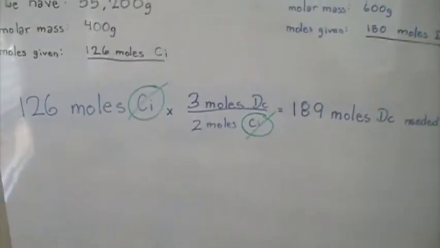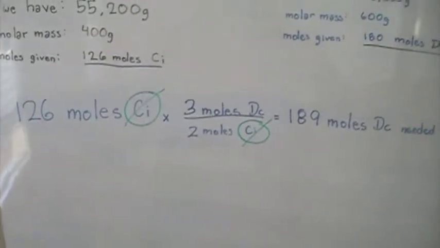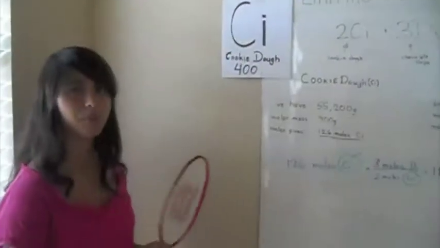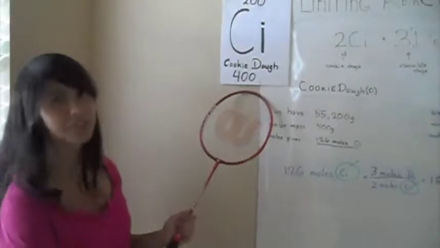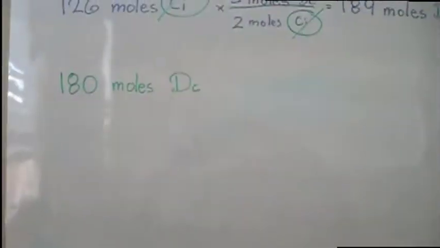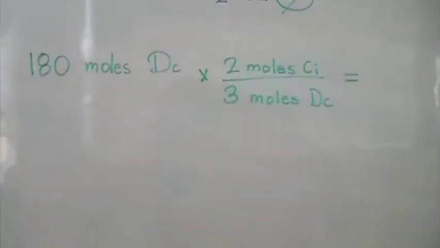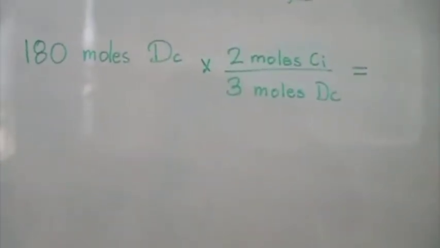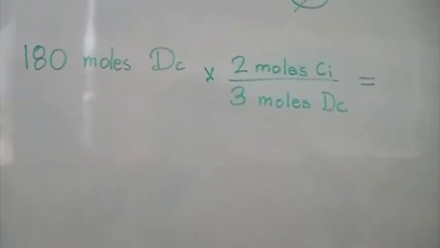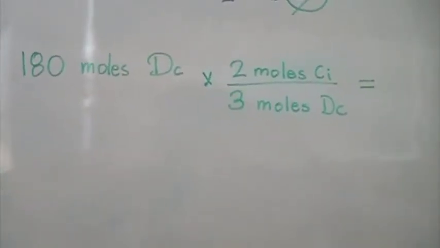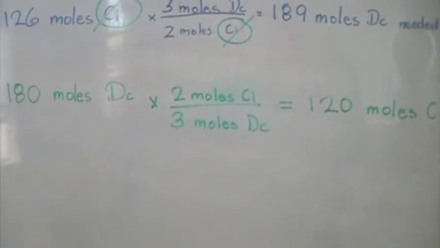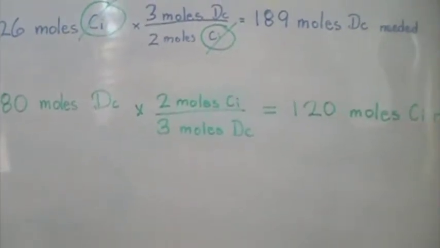One thing to notice is how the cookie dough units cancel out so that your answer is given in chocolate chips. The next step is to find out how much cookie dough we need when given 180 moles of chocolate chips. So we multiply 180 moles of chocolate chips by the ratio of 2 moles of cookie dough per 3 moles of chocolate chips to get 120 moles of cookie dough needed.